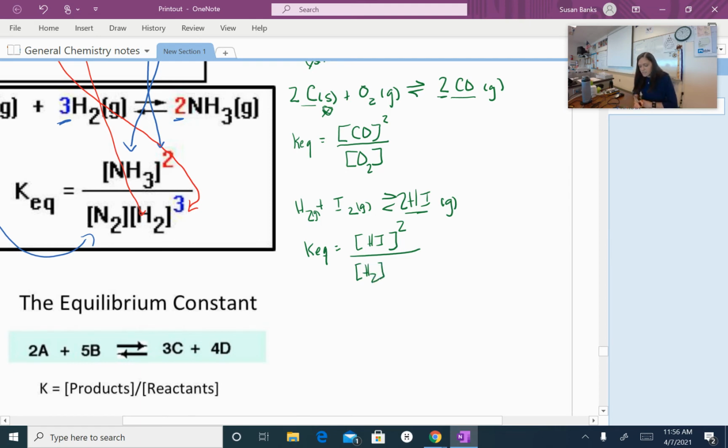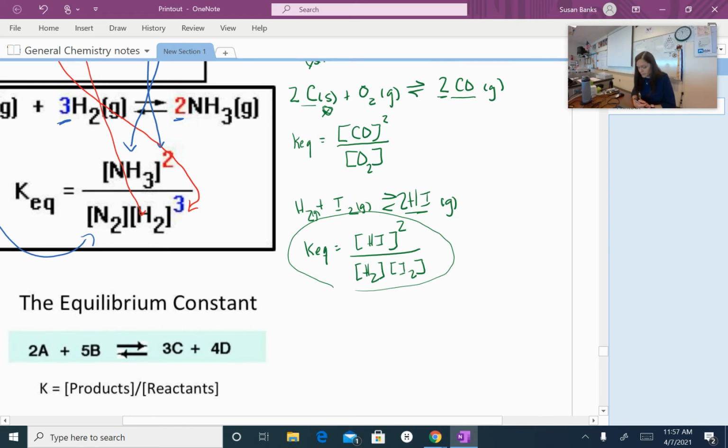It doesn't have a coefficient, so I'm just going to have an exponent of 1 because the coefficient of 1 is implied. And an exponent of 1 is also implied. I have iodine as well in the gas state, same coefficient of 1, so an exponent of 1, which is also implied. So that is what I would have for my equilibrium constant for this.